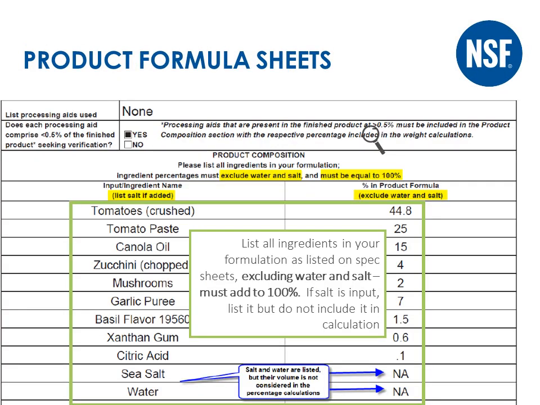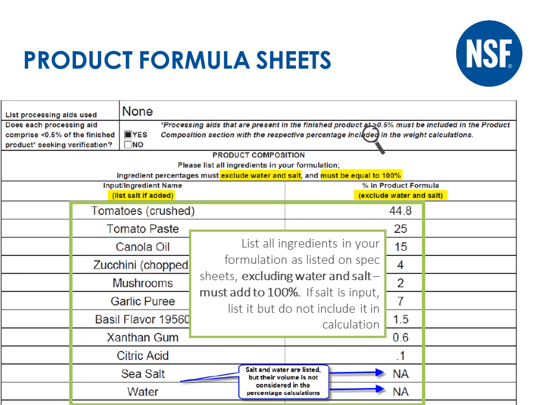In the bottom portion of this form, you will list all ingredients used in your formulation and the percentages of each ingredient used. Processing aids must not be included in the product composition unless they are present at 0.5% or more of the finished product, excluding water and salt, and/or disclosed in the product label or specification sheet.